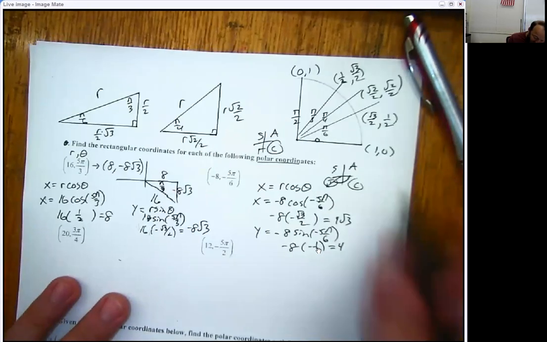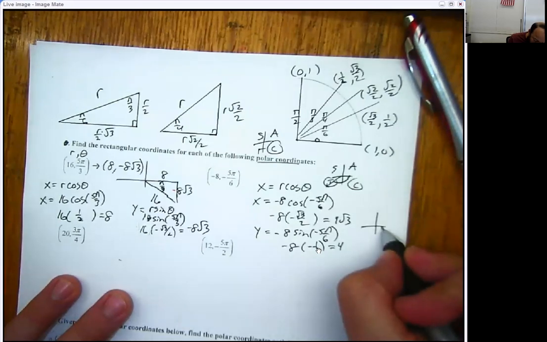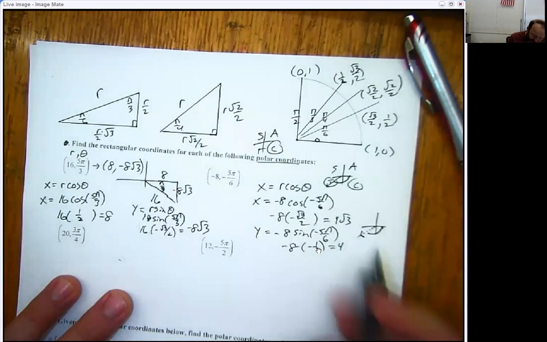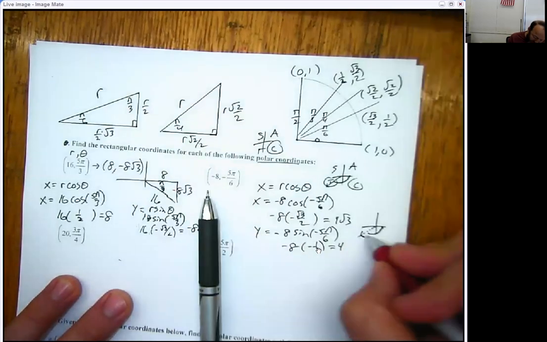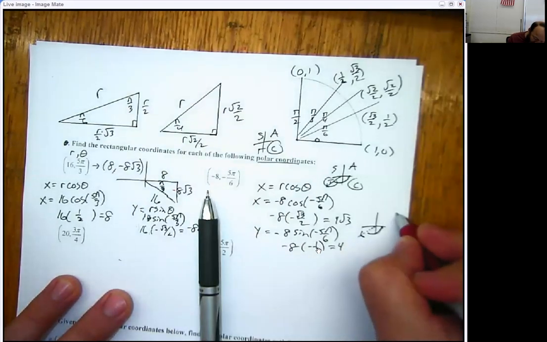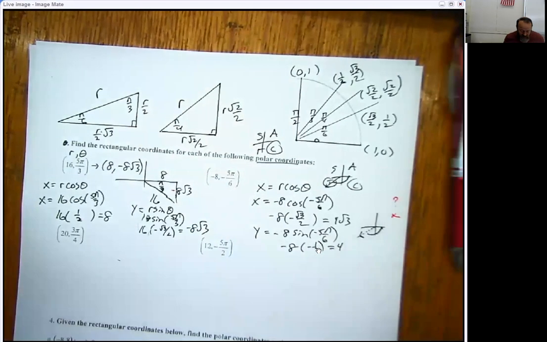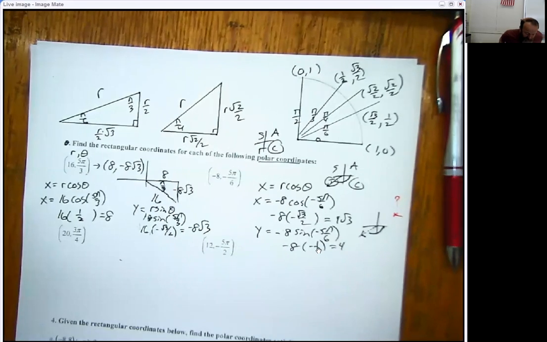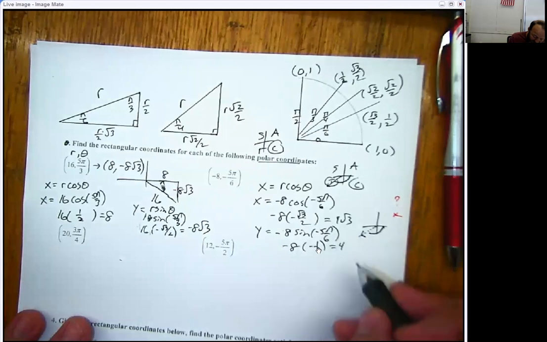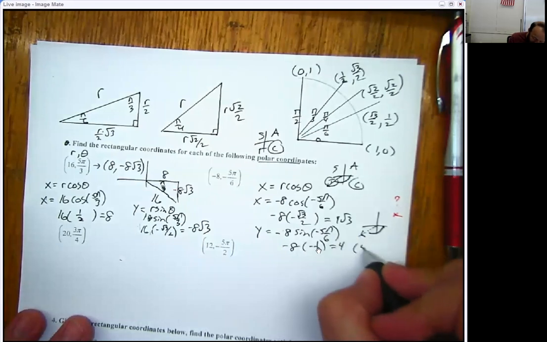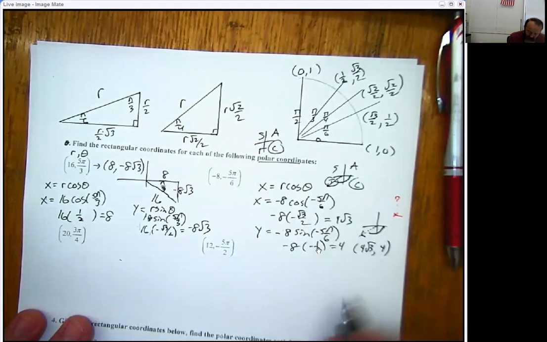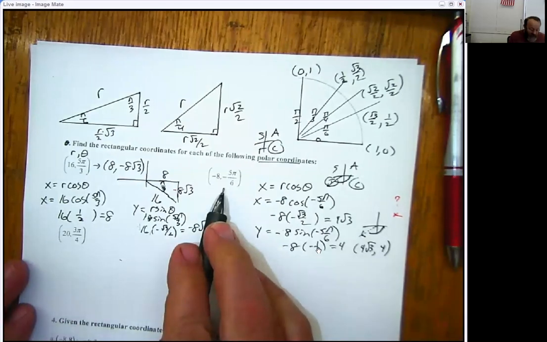This particular problem told me to rotate negative 5 pi over 6, which should be down here, but it's got a negative radius, which we learned in the last video would tell me to go backwards somewhere up here, which is actually in the first quadrant. So it does make sense that it is in the first quadrant, leading to both the x and y values being positive. So here's my rectangular coordinate representation of this polar value.